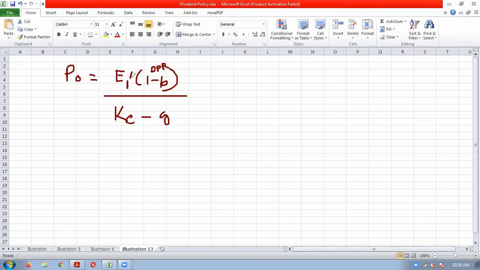So ultimately, if you have understood the concept properly, earnings into dividend payout ratio will give you D1 only. So this is another method of finding D1, divided by Ke minus g. Today's earnings multiplied by dividend payout ratio is the dividend we will get.